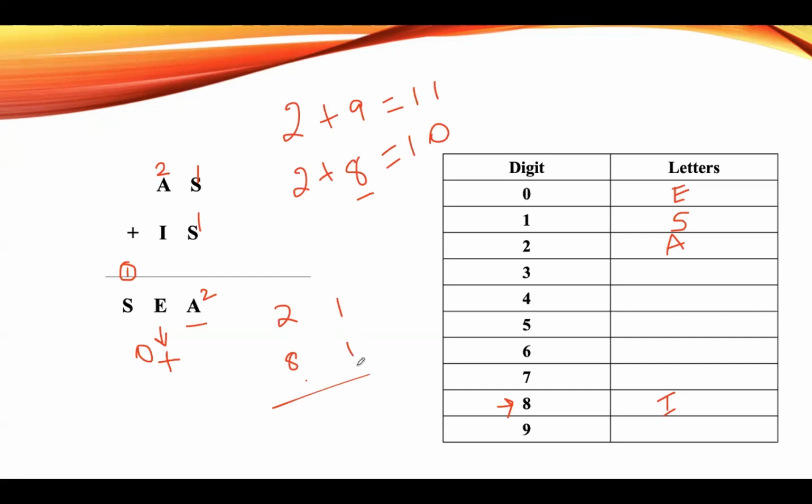Add these two: 1 plus 1 is 2, and 8 plus 2 is 10. So we got this. Here also we got the S value as 1, E value as 0, and A value as 2. That means we got the right result.